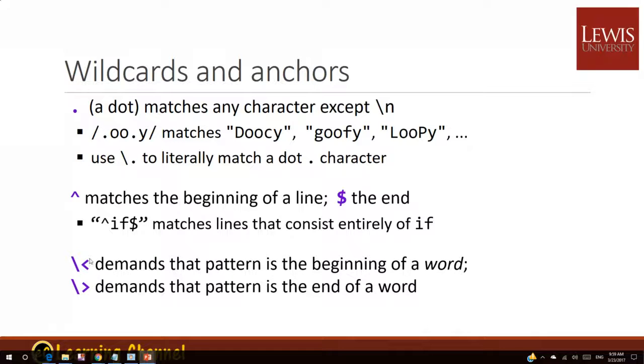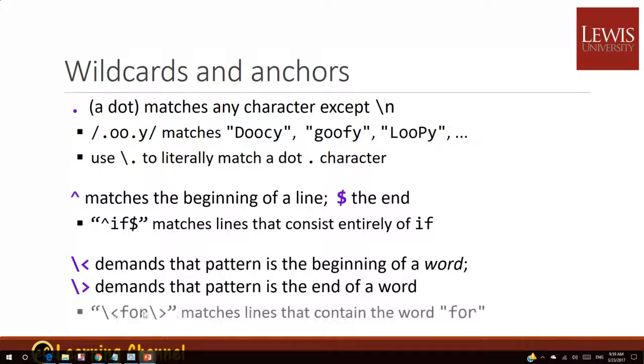And \< demands the pattern at the beginning of a word, and \> is the end of the word. So something like this means any line that contains the word for. For example, we try to find a for loop, and this will show you where the for loop is.